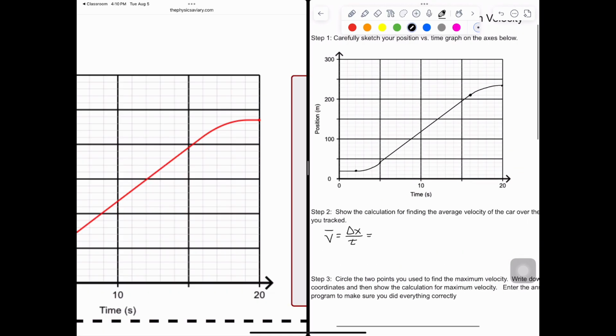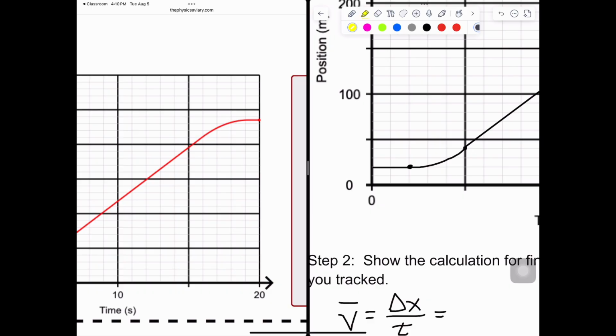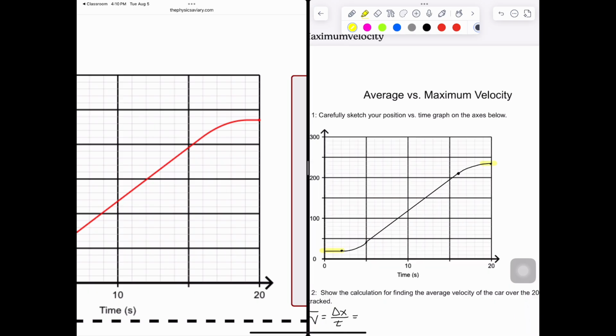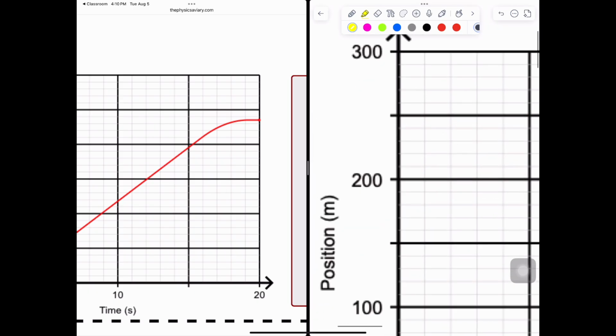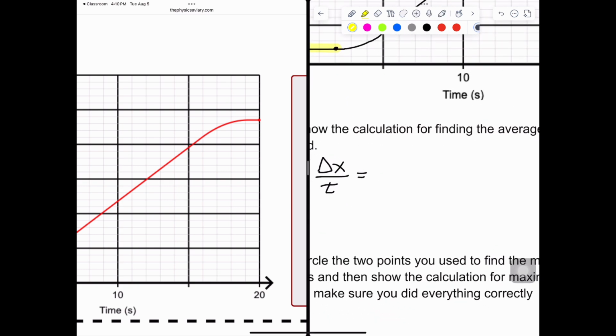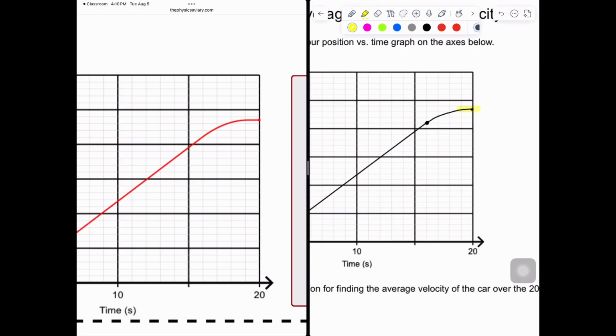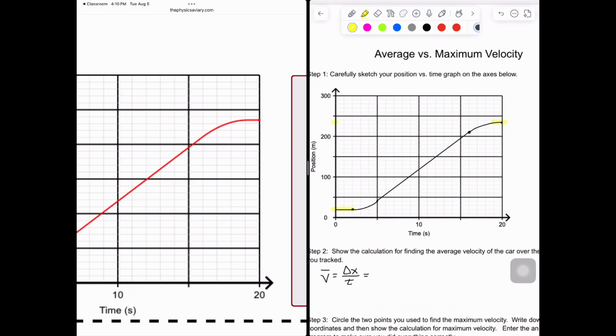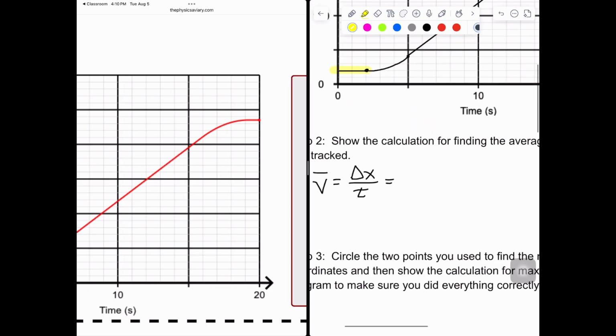Now, the total displacement is going to be, I'm starting at 20, and I'm ending at 230.5. So 230.5 minus 20.